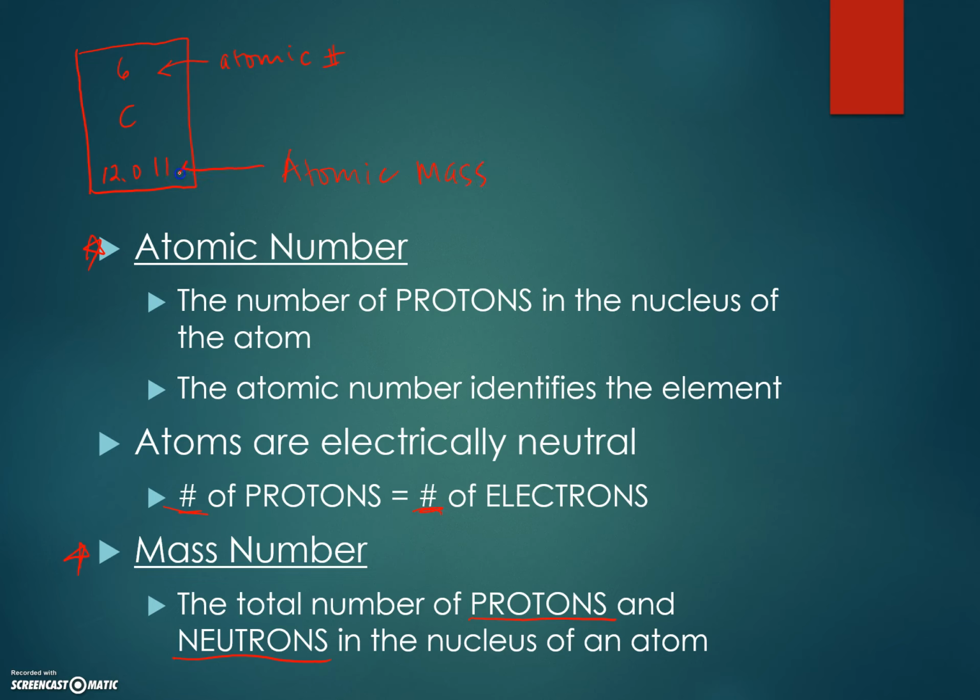And this number here on the bottom of the periodic table, this is my atomic mass. We'll go into specifically how that number is determined, but very, very roughly at this point, it's the number of protons and neutrons because those are contributing to the mass. But we understand that we can't have fractions of protons and neutrons, and so we'll learn in the next lesson why those numbers are decimal numbers.